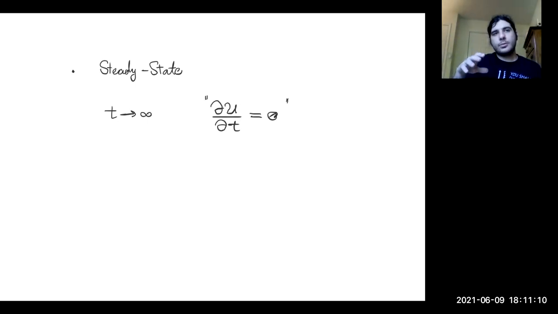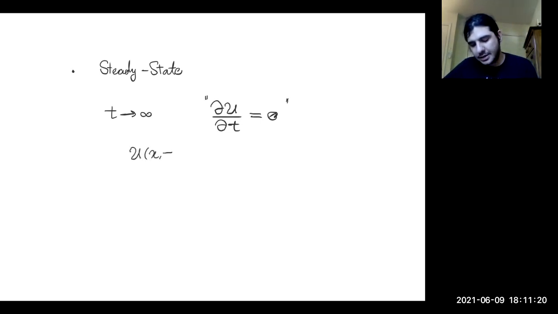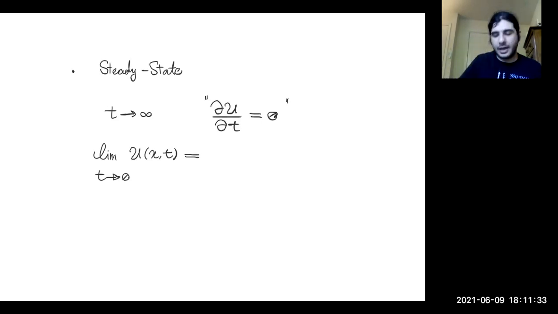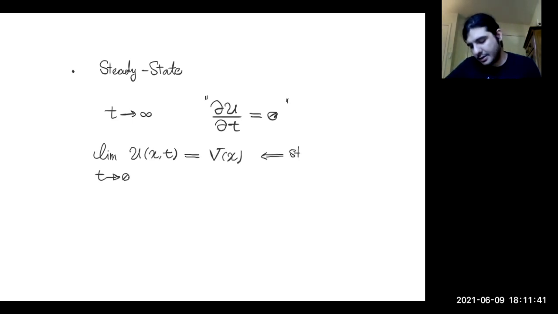In other words, when t goes to infinity, u does not depend on t anymore. So if you look at this function u, which a priori is a function of x and t, if t goes to infinity, this function doesn't depend on t anymore. If we assume it's convergent, it would be a function which only depends on x. We show that with v of x. So this is what we call the steady state function or distribution.